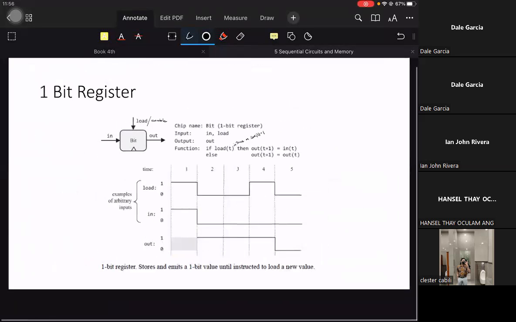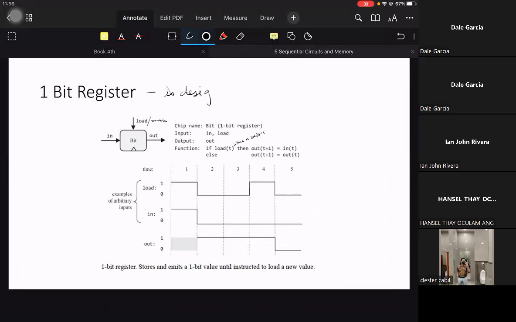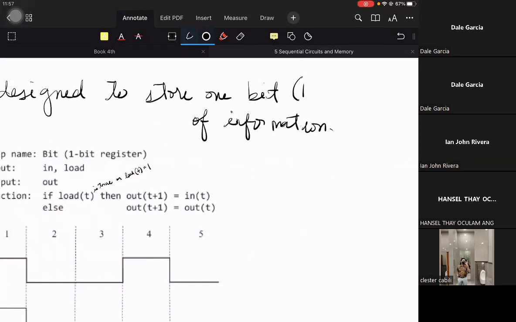So it's interesting: if the D flip-flop is designed to introduce delay, the 1-bit register is designed to store 1 bit of information. That 1 bit is either 1 or 0.